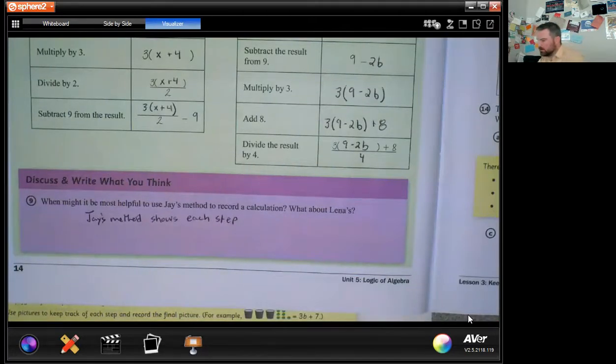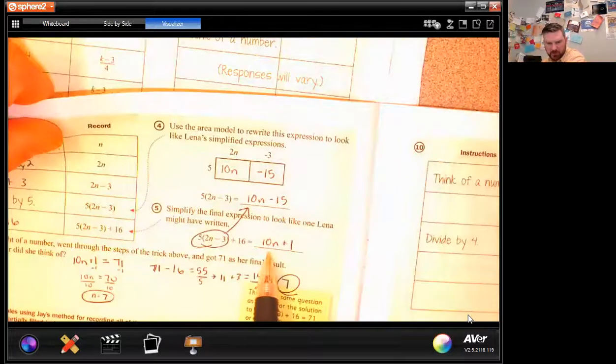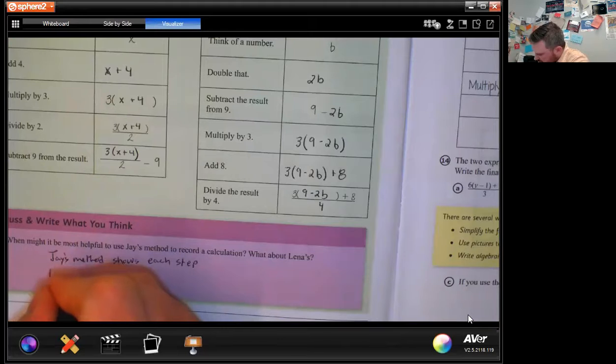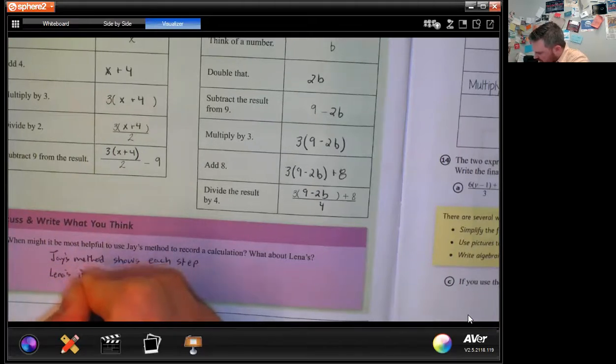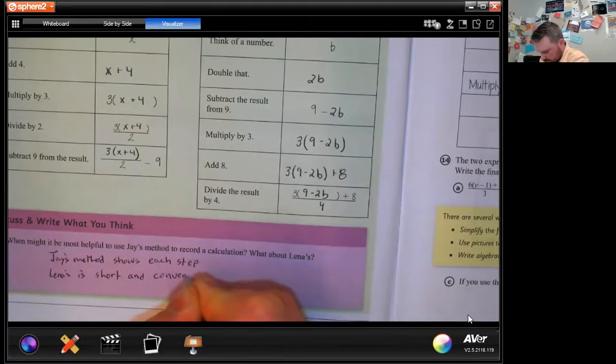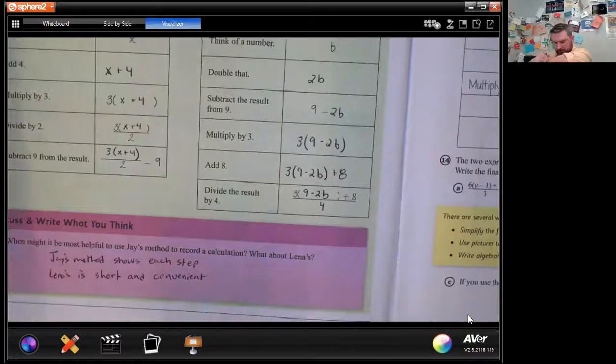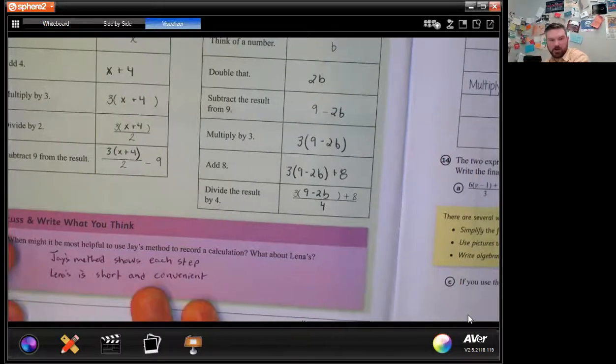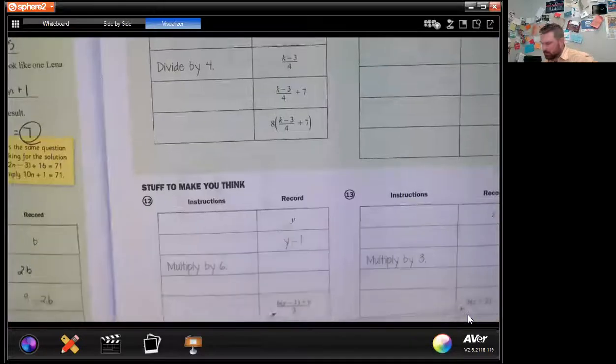But Lena's, which was up here, if we go back up here, it was very short. Okay, so Lena's is short and convenient. So it provides a quicker method, but Jay's method tells the entire story of it.